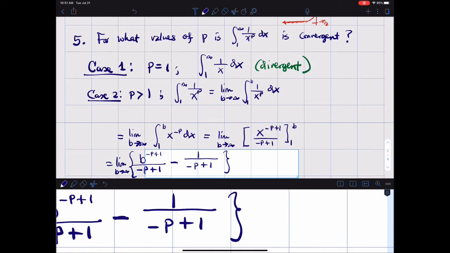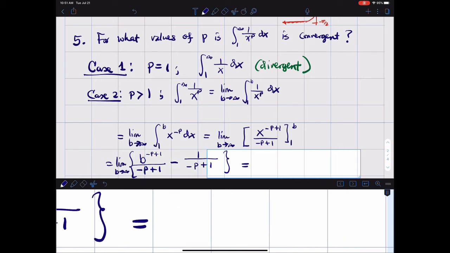You see that? Now think of b. Let's let b go to infinity. Or before we even do that, there's something we can factor out.